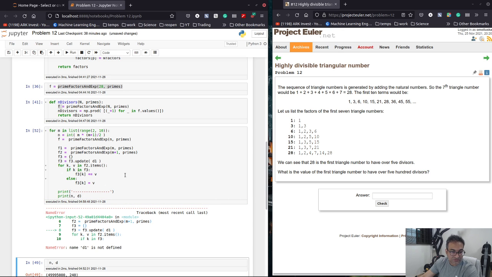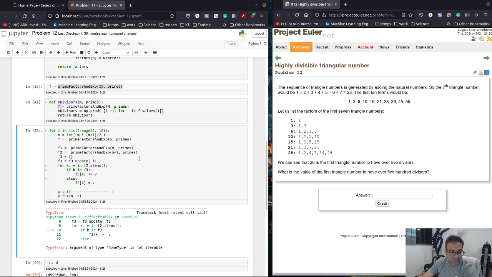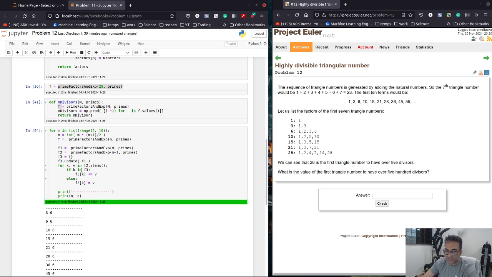Okay, d1 is not present, this should be f1. None type is not iterable. Okay, if k in f3, oh, f3 dot update, I don't need to do this.